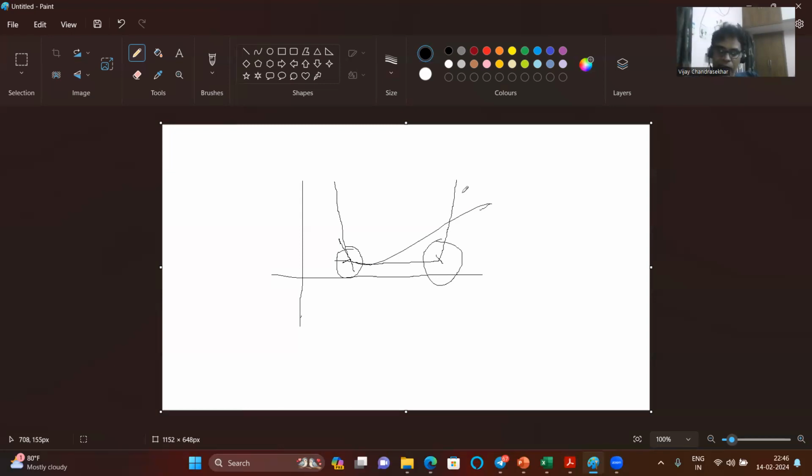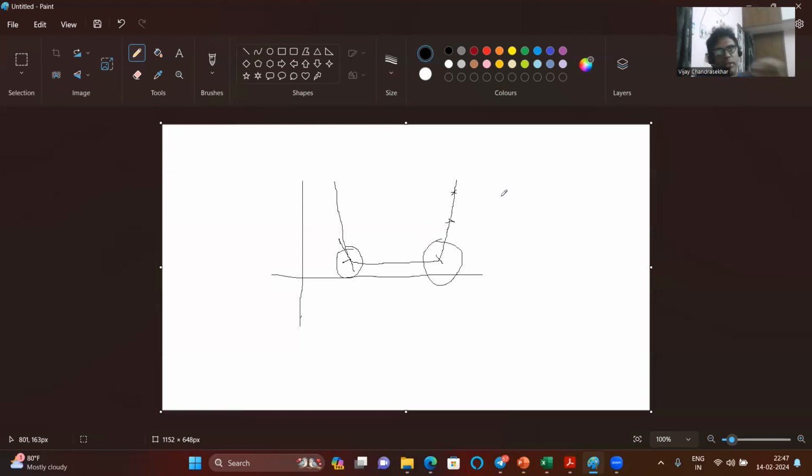Whereas if you take this point and this point, the slope hasn't changed at all, which is why we are saying that there is no curvature there.